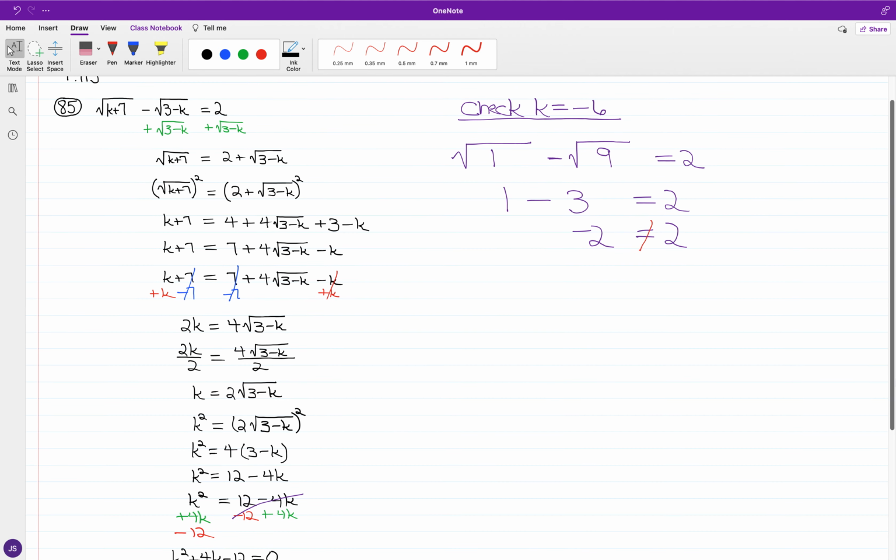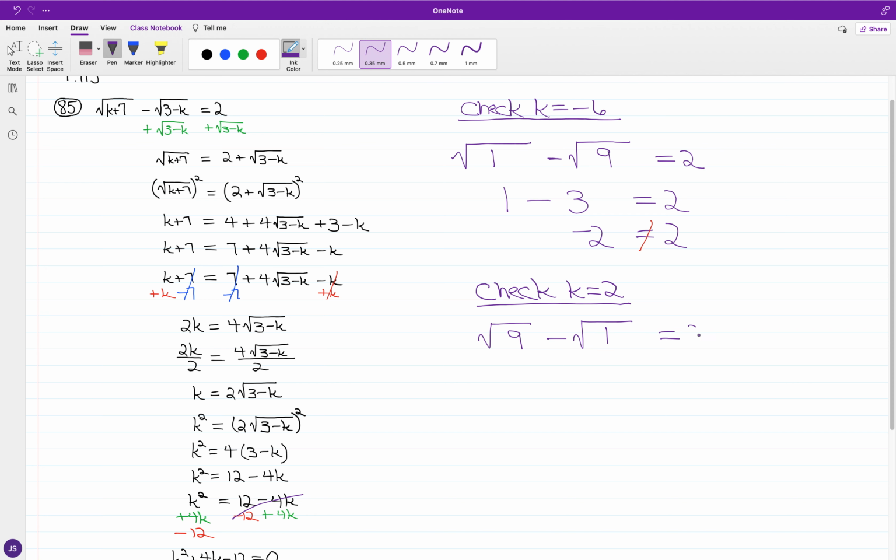Now for k equal to 2, if I check out this value, plugging in 2 for k, you have 2 plus 7 is going to be 9, so you have the square root of 9 minus the square root of 3 minus k, and 3 minus 2 is 1.